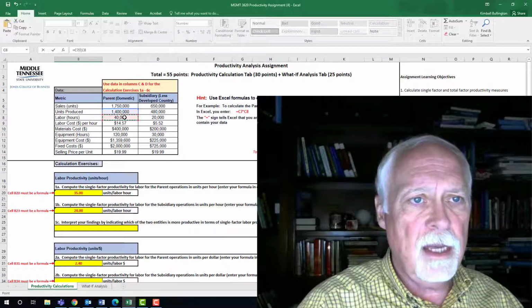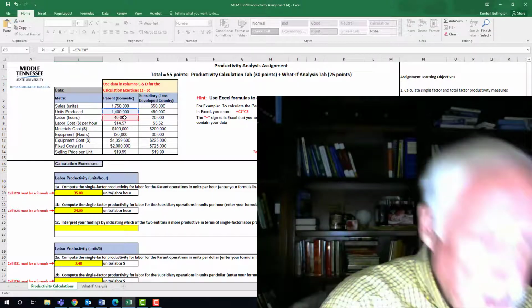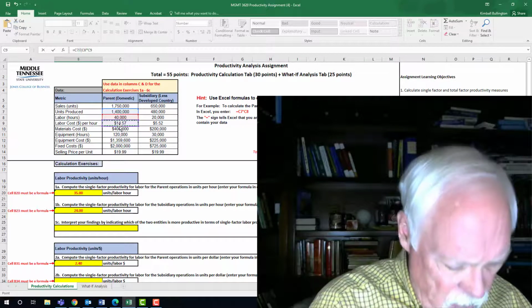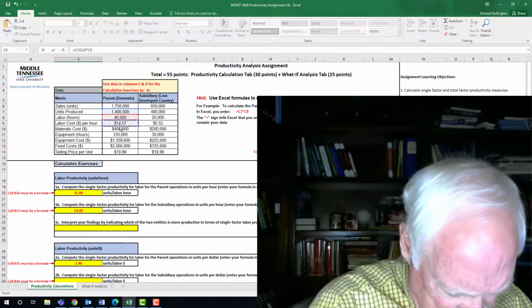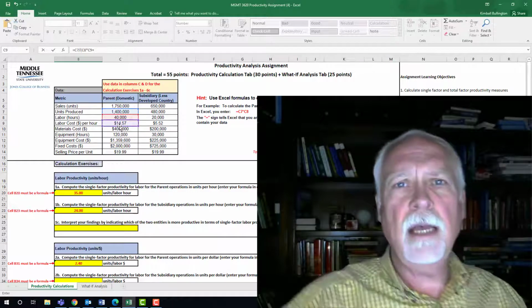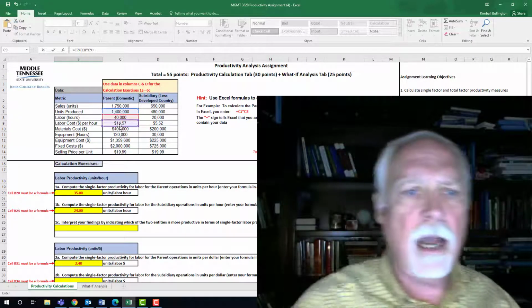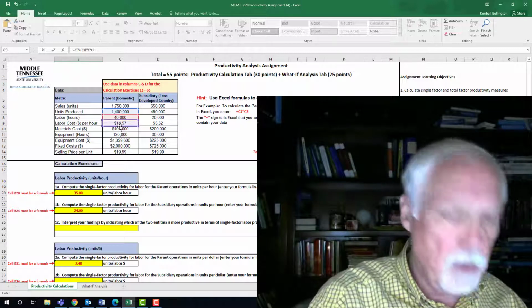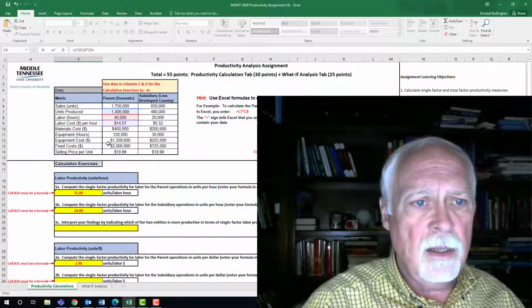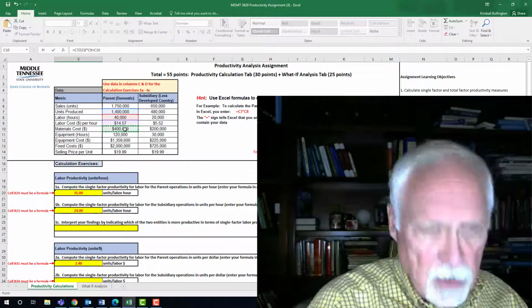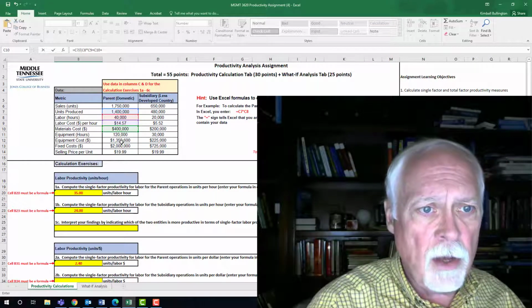So we've got this times the cost per hour, and then we add, and Excel will do multiplication and division first and then adding. That's the hierarchy, just like in algebra. And then we add the material cost plus the equipment cost in dollars.